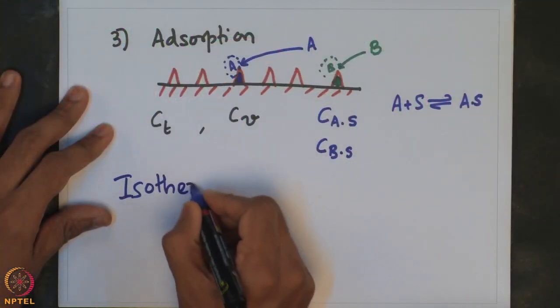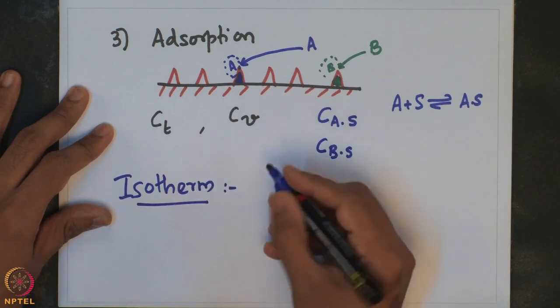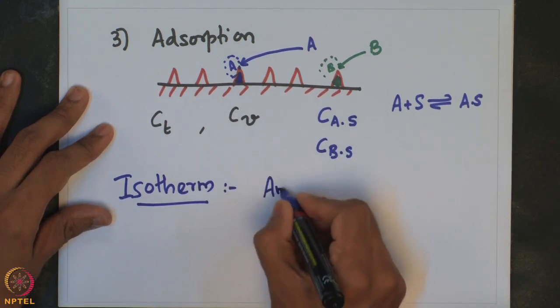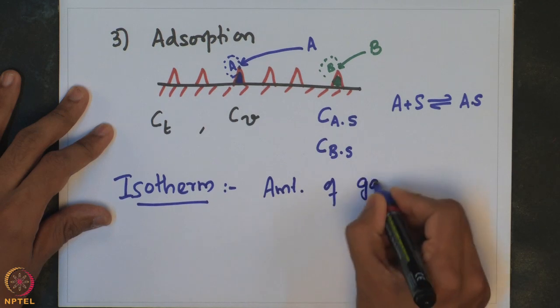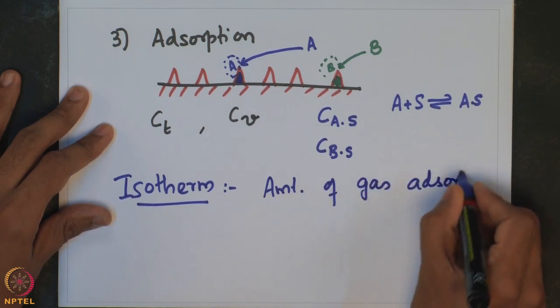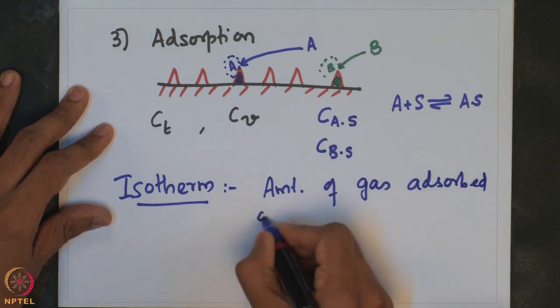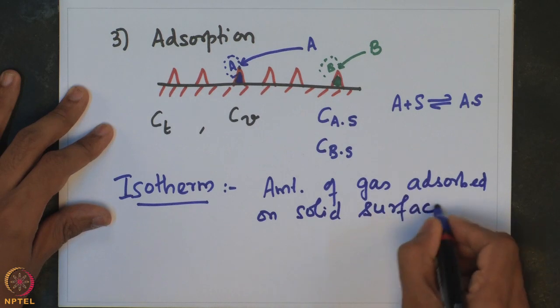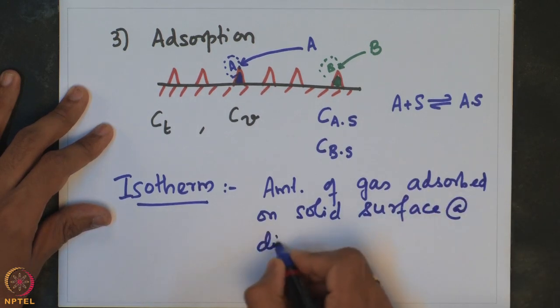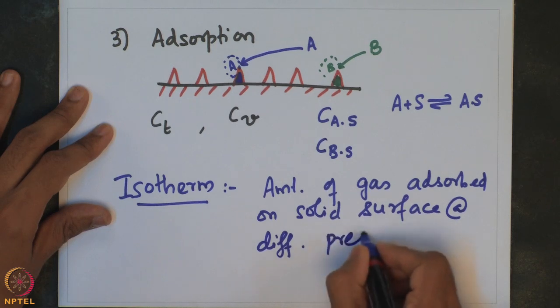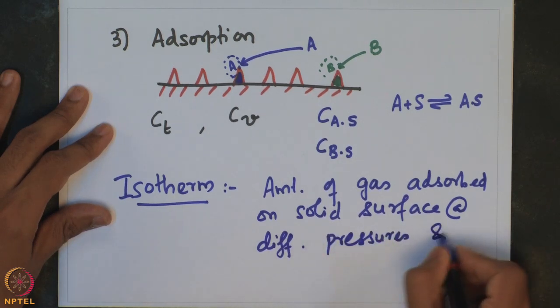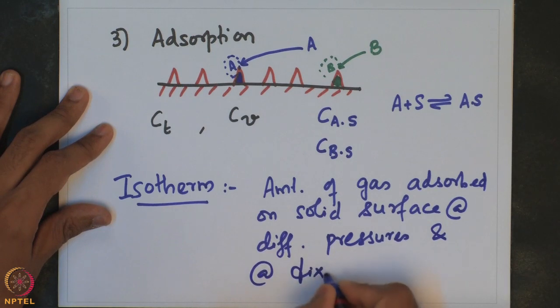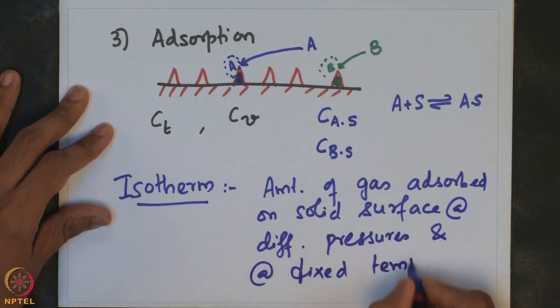The definition of an isotherm is that it essentially refers to the amount of gas adsorbed on a solid surface at different pressures and at fixed temperature.